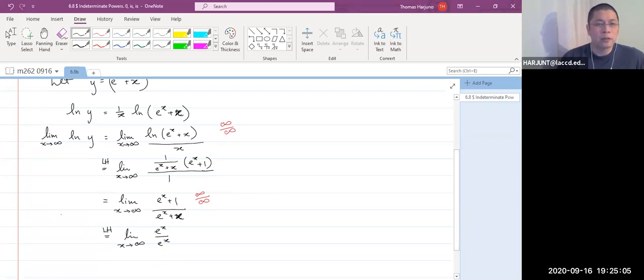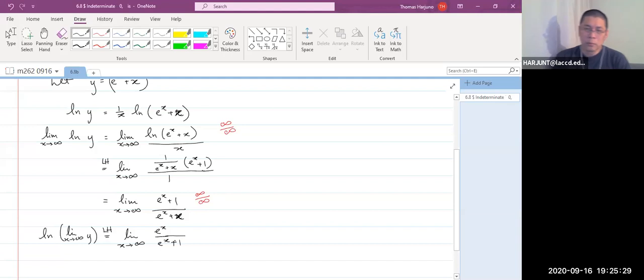While on the left-hand side, we have natural log of limit of x to infinity of y. Oh, you're right, plus 1. And you can do L'Hopital rule again if you like.